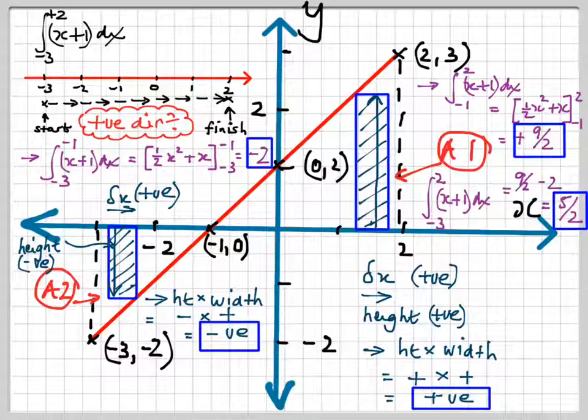Now, here's a little question for you guys. Think about this. What if I did the integral, this time, of the same function, but started at +2 and finished at -3? What would the answer be for the overall integral?